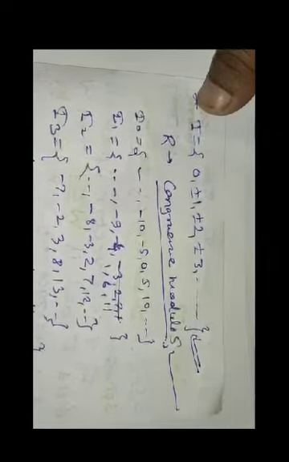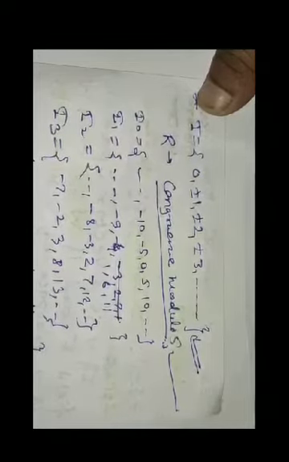I found that this set I, that means our original set of integers on which we define this relation, is nothing but the union of I0, I1, I2, I3, I4.